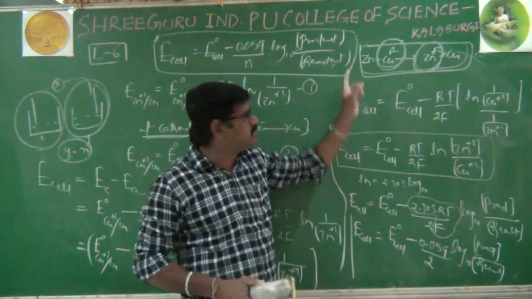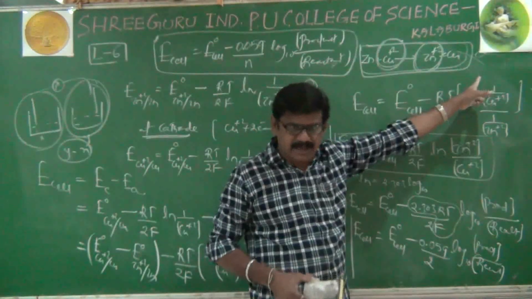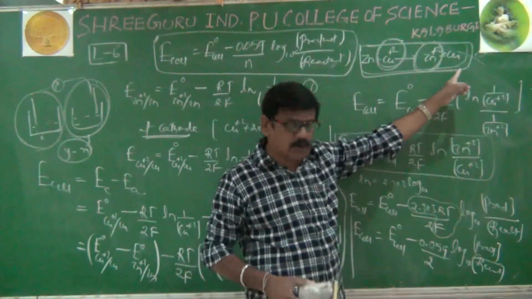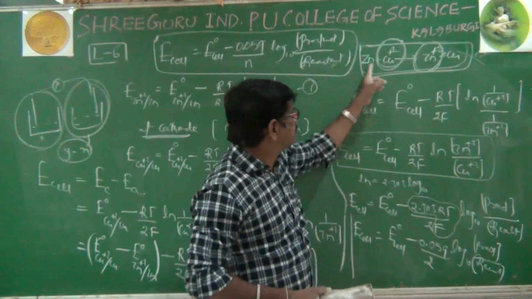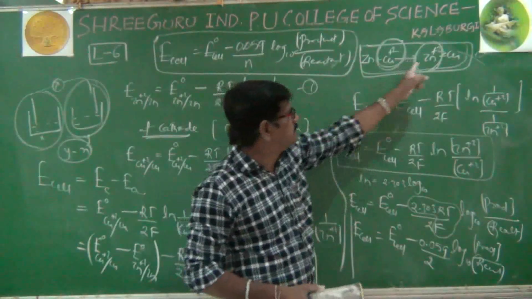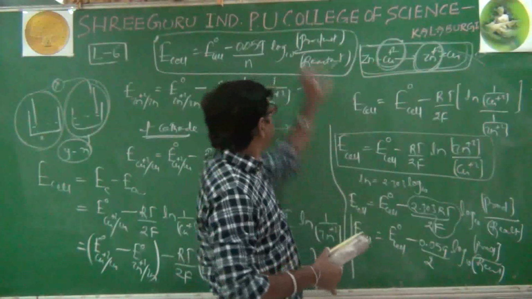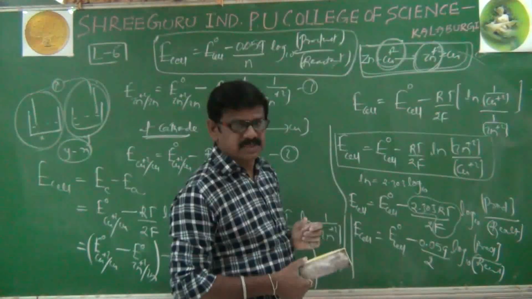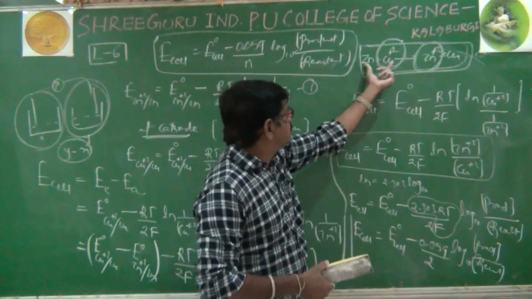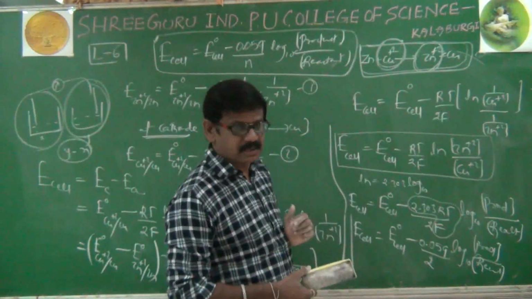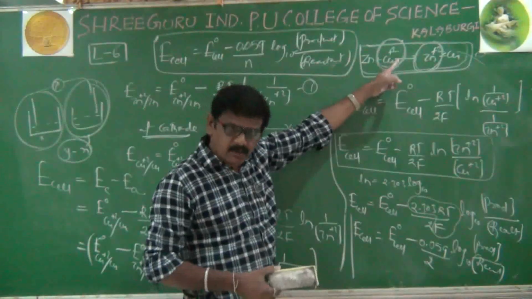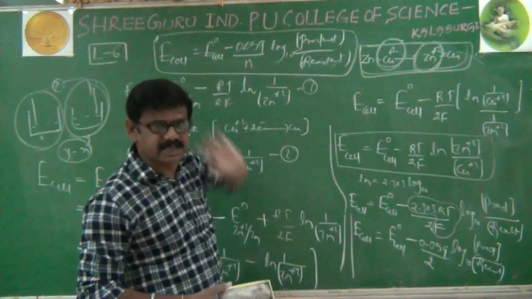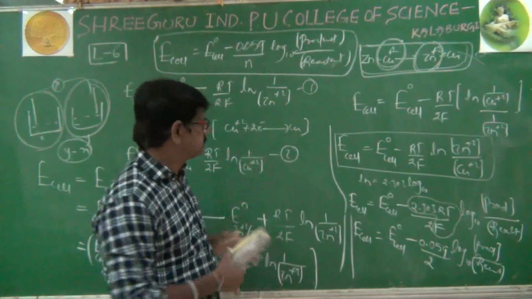We know this with the help of the net cell reaction, that is the overall cell reaction. With its help, these two are the reactants and these two are the products. That's why for product concentration you have to substitute these two concentrations, and for reactant concentration you have to substitute these two concentrations. Like that, by using the overall cell reaction, we identify which is product and which is reactant. That is very important.